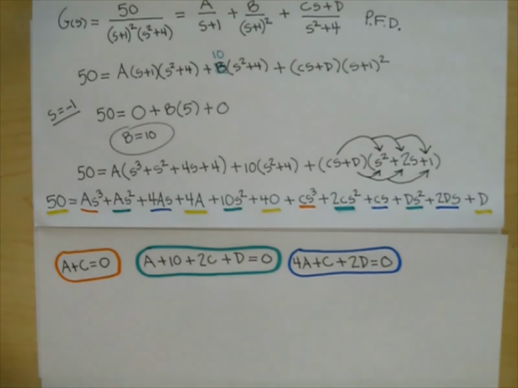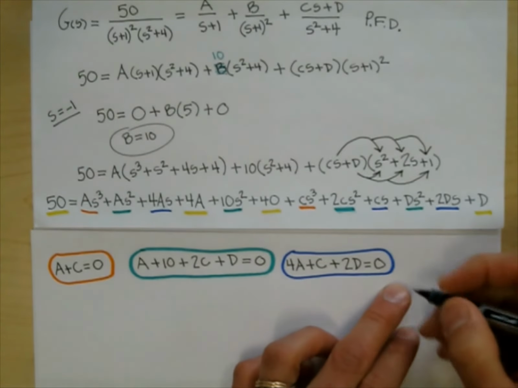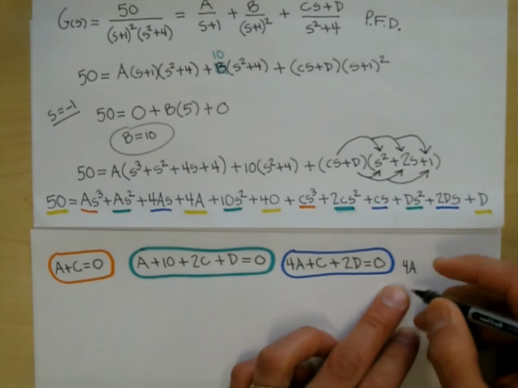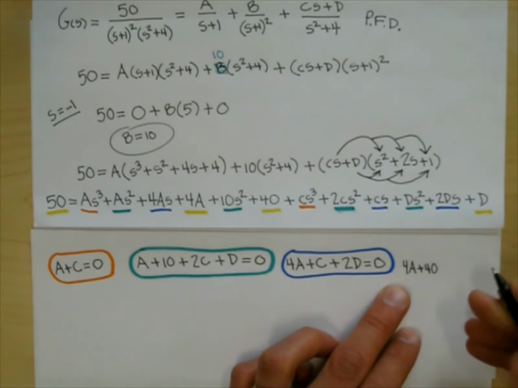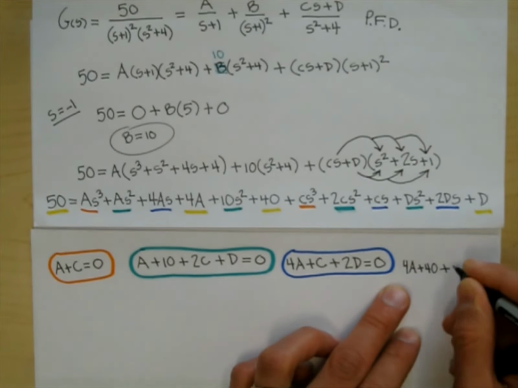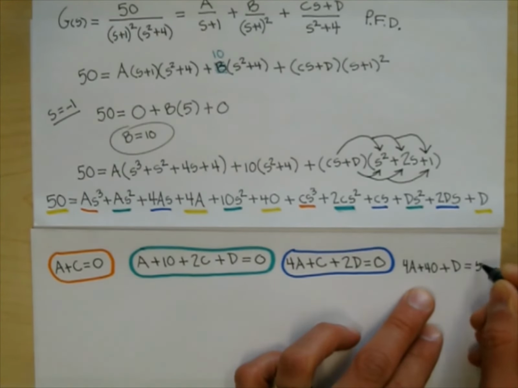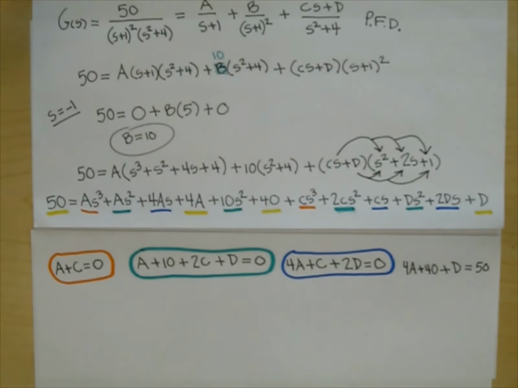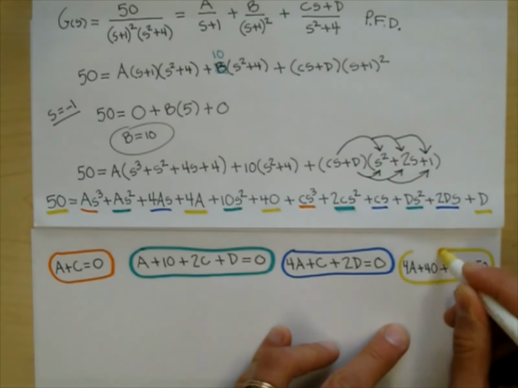And so let's see what I'm going to write out over here. I'm going to write out 4a plus 40 plus d equals 50. We'll circle that in yellow.